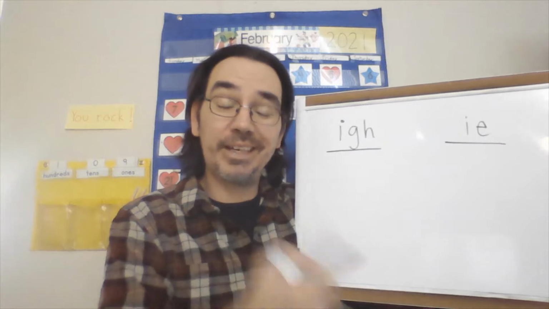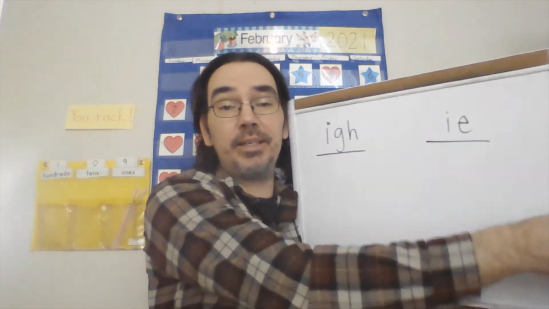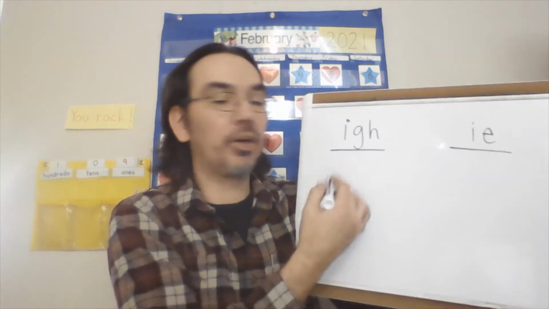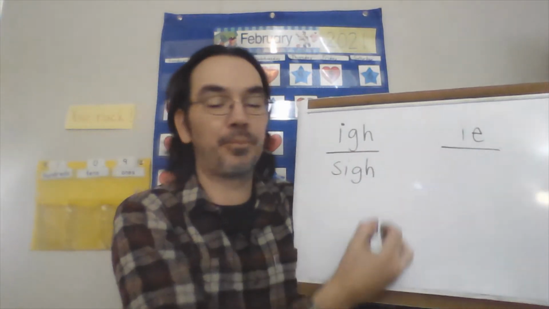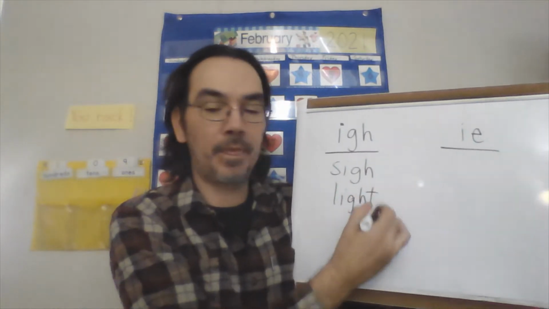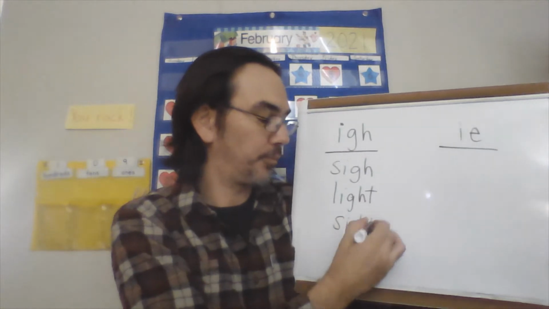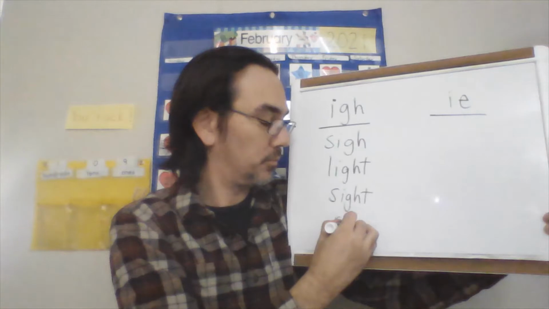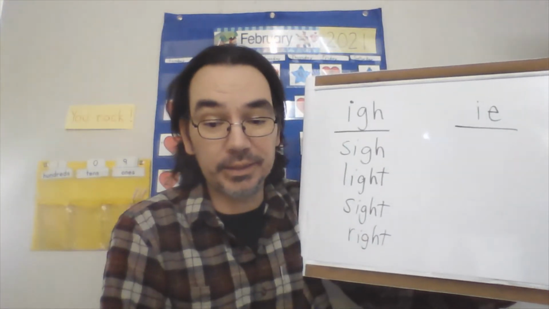Some of you have already sent in words with IGH and words with IE that make the I sound. Here's a couple. We have Anara who sent in sigh and light and sight and right. Thank you, Anara. Now we also had Dylan that sent in a couple.